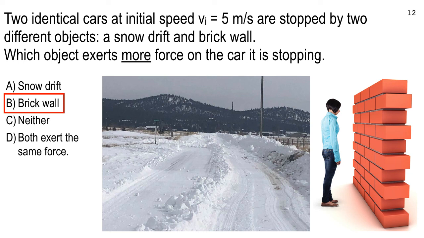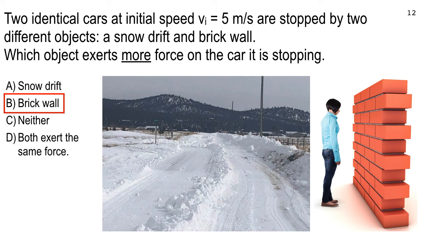Which one brings the car to a stop more quickly? The snowdrift? Now, this is for people that have driven in snow. Raise your hand if you know the answer to this. Which one brings it to a stop more quickly, the snowdrift or the brick wall? Because those of you from Florida don't know jack about snowdrifts. So what do you think? Brick wall it is. Shorter stopping time.